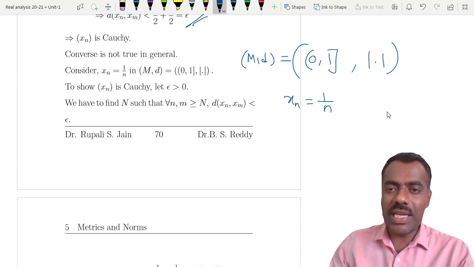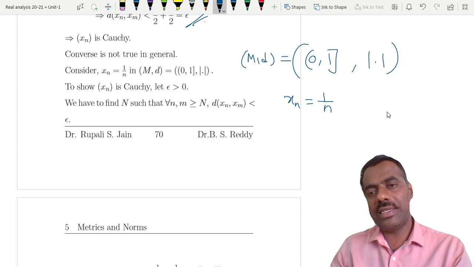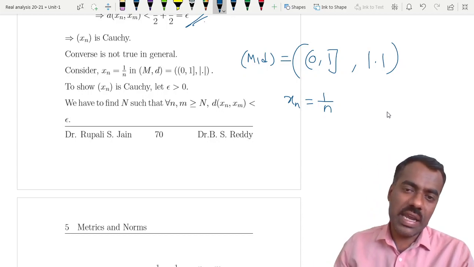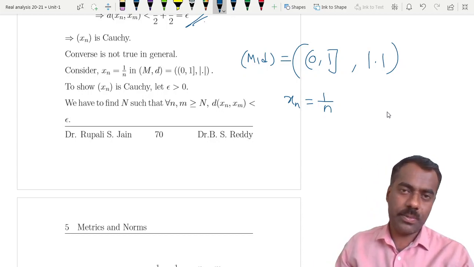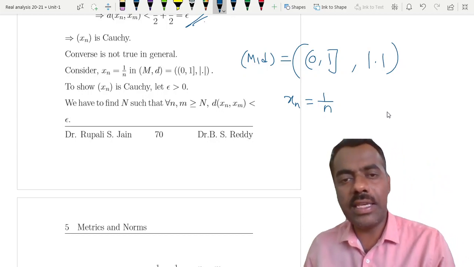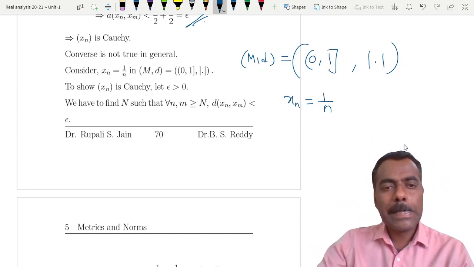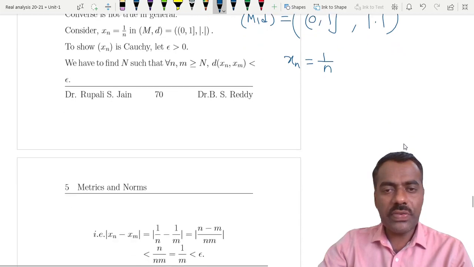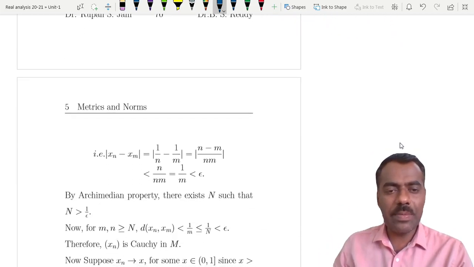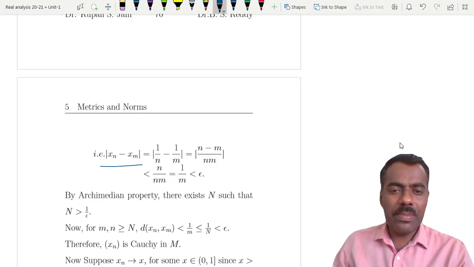But 0 is not here, right? That's why it is not convergent. But you can show that the 1/n terms are all close enough, so it is Cauchy. So how can you prove that it is a Cauchy sequence? What is the distance between x_n and x_m, which is |x_n - x_m|, 1/n minus 1/m, n minus m.